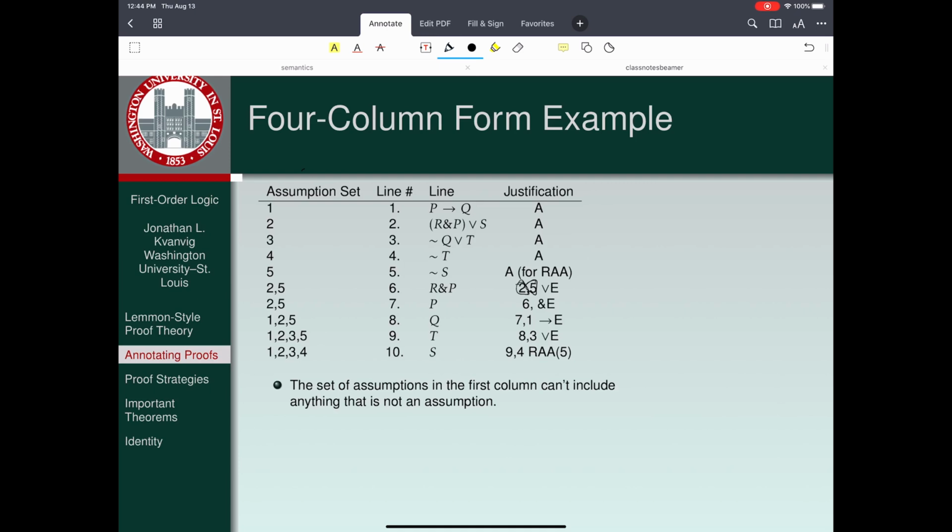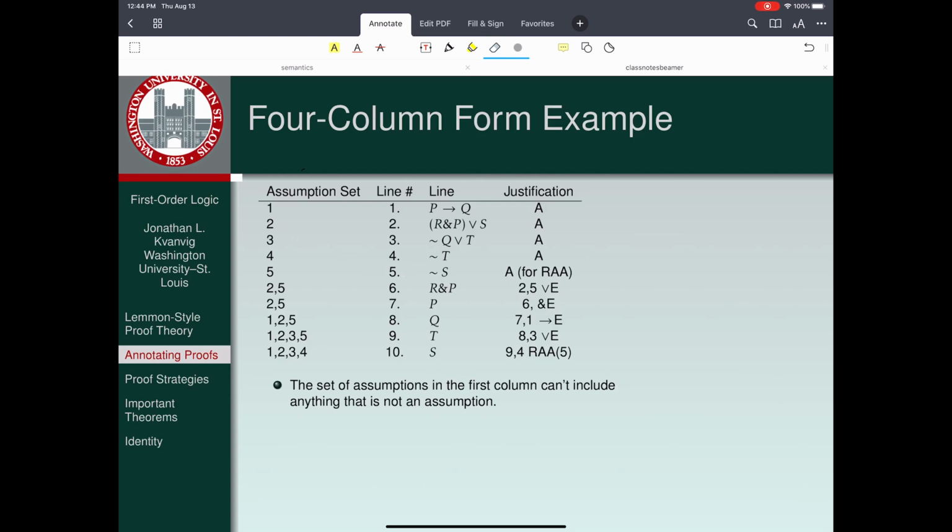Since 2 and 5 were just both assumptions, that just gives 2 and 5 as the assumption set for line 6. Notice carefully what the first column is. It is the assumption set. So first, it's a set. Second, it's a set of assumptions.